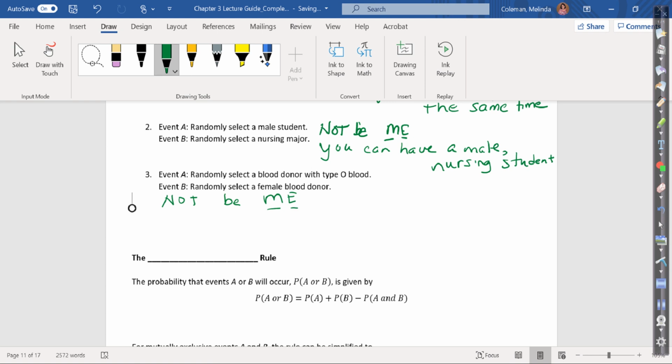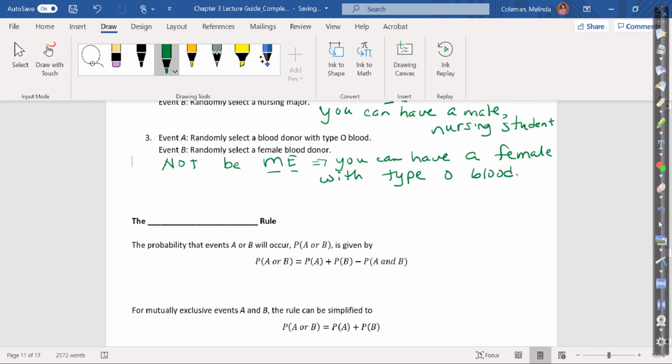And the reason there is because, again, you can have a female with type O blood. Type O blood is not exclusive with just males. Some females also have type O.